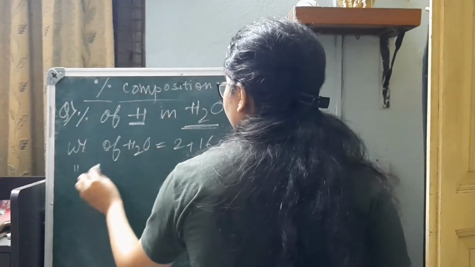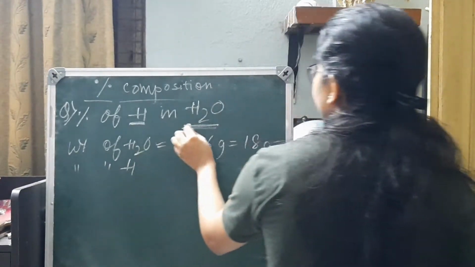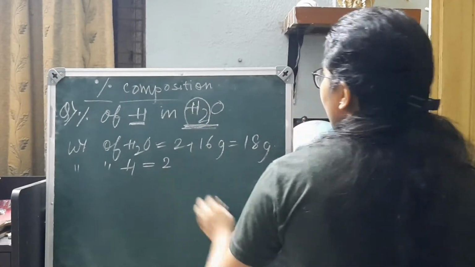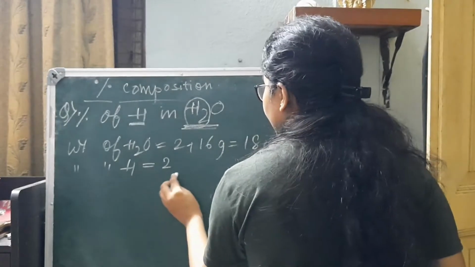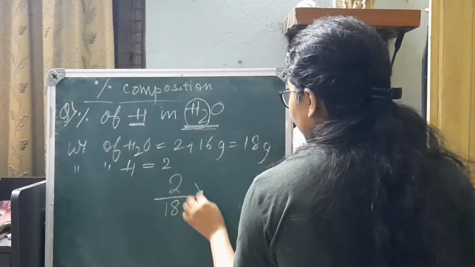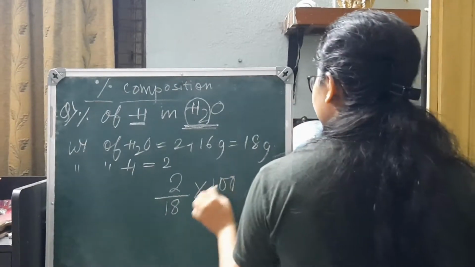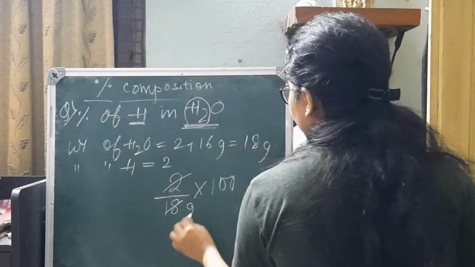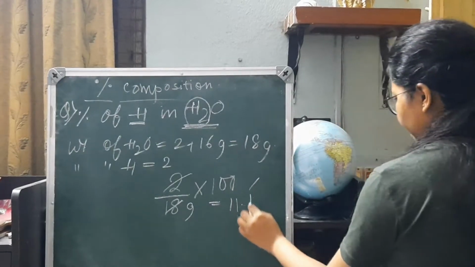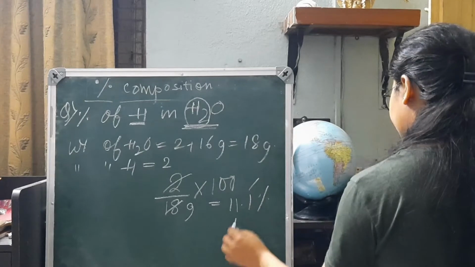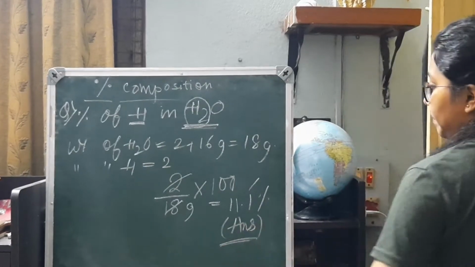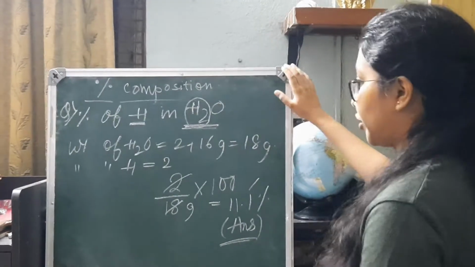And the weight of hydrogen here, you can see that there are two hydrogen atoms, so the weight of hydrogen is 2. So what is the percentage composition? Weight of the given element by weight of the compound into 100. So if we calculate, our answer comes out as 11.1%. I hope you understood. It is very simple.